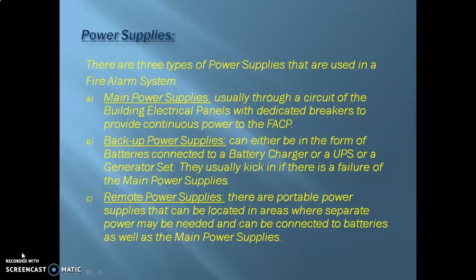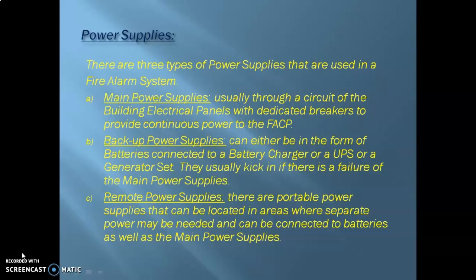They come into the category of auxiliary power supplies, which means that, let's say, the main and the backup power supplies are not enough to provide power to all the notification devices or any other devices that may require extra power due to the voltage drop that will be there because of the long distance from the FACP.